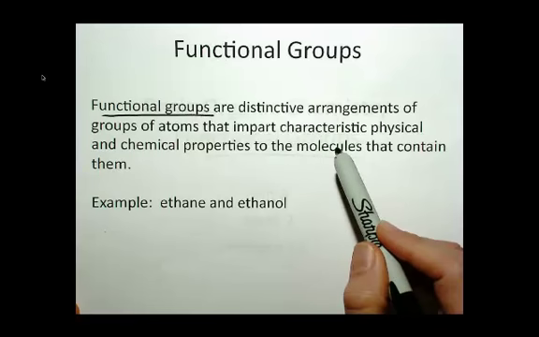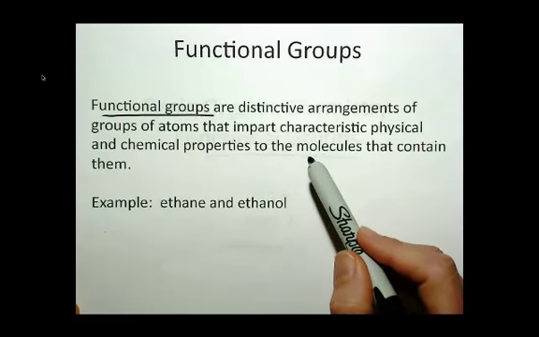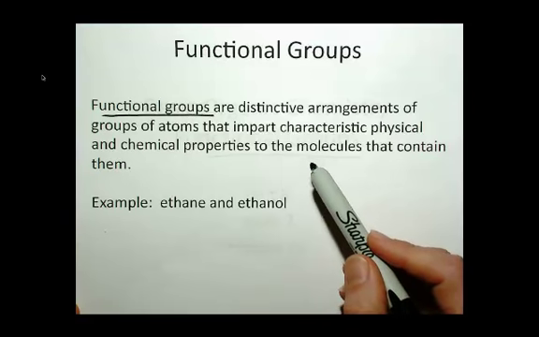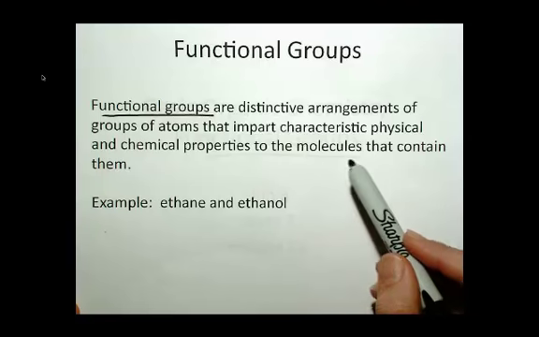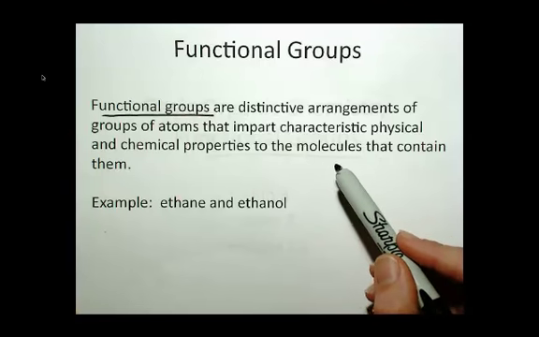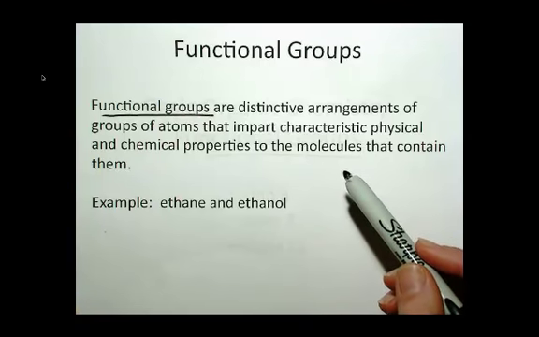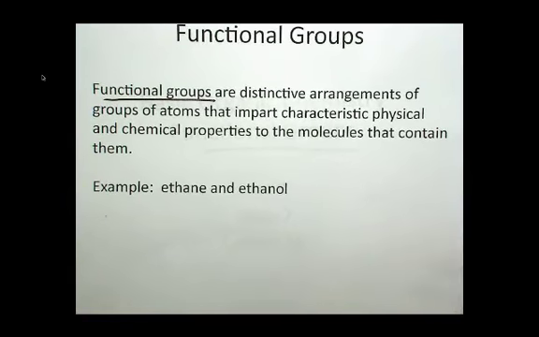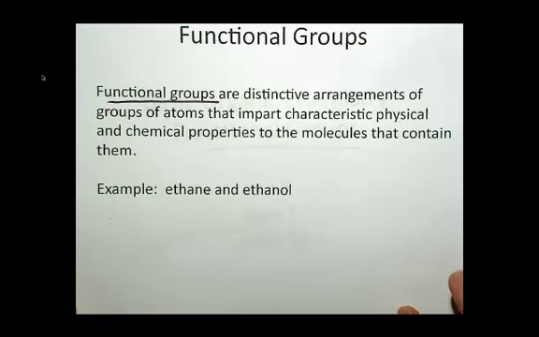These different arrangements of groups of atoms, oxygen containing or nitrogen containing, give particular characteristic physical properties that change the simple alkane into a more interesting molecule and allow the organic chemist to more easily build molecules by combining functional groups.